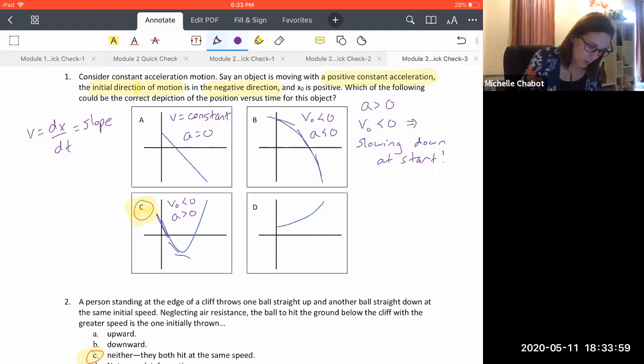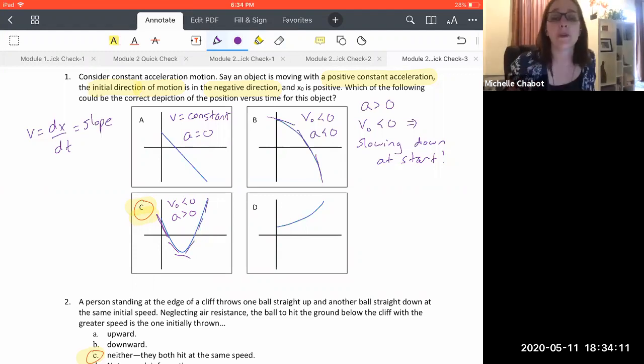It slows down to a stop and then starts speeding up in the positive direction. And that's okay because that wasn't precluded from any of our descriptions here. So it does eventually turn around, but initially the velocity is negative and the acceleration is positive.